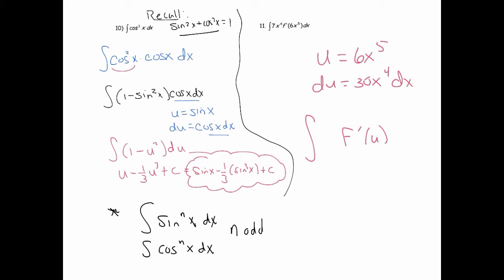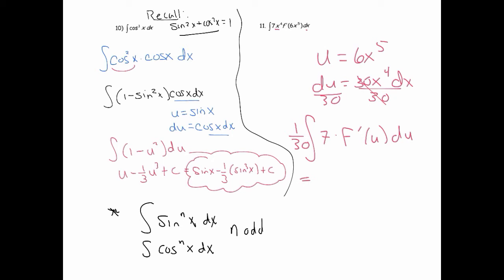What I might do instead is just replace the x to the 4th dx with du over 30. So x to the 4th dx is du over 30, and that 7 is just staying. It's just a constant anyway.